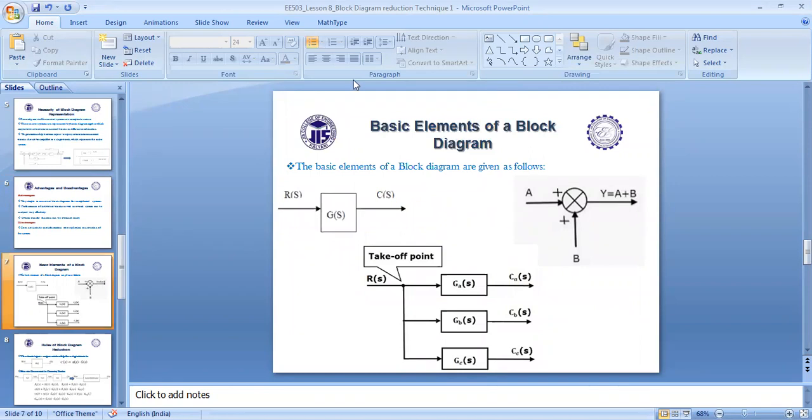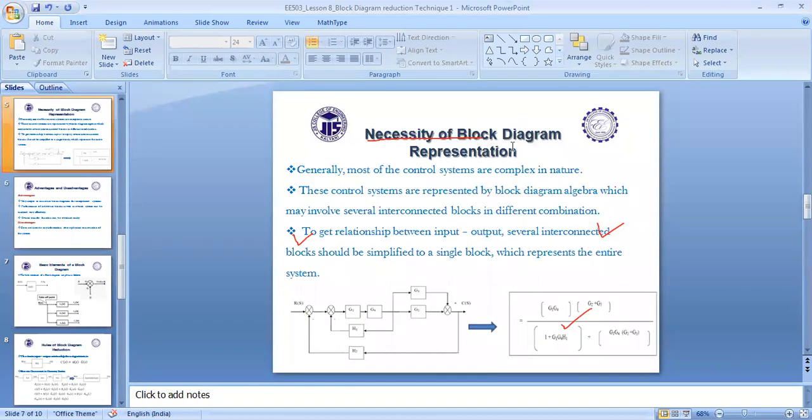Now let us discuss the basic elements of the block diagram reduction technique. There are three basic elements. Let us again move to the previous slide. See here, these are known as summers. These are known as blocks.